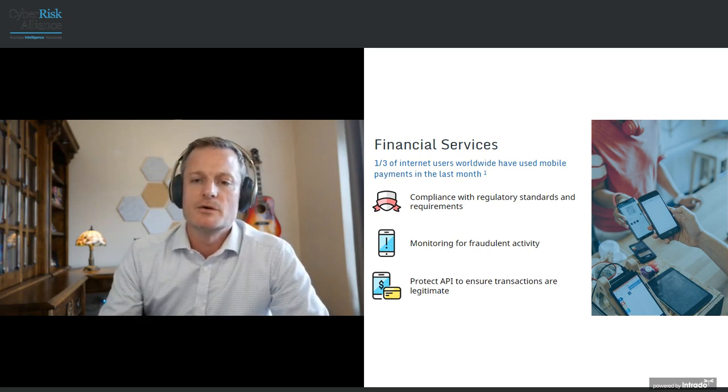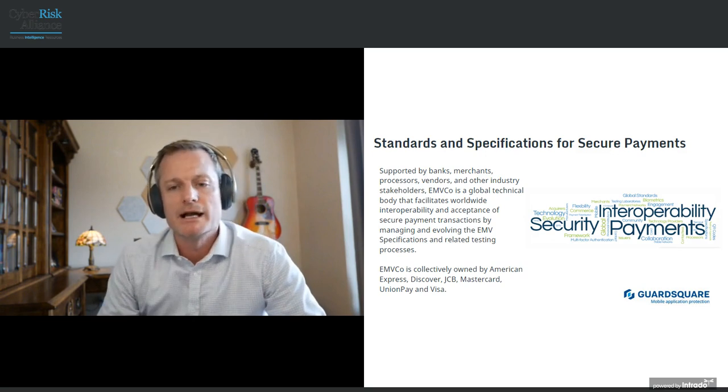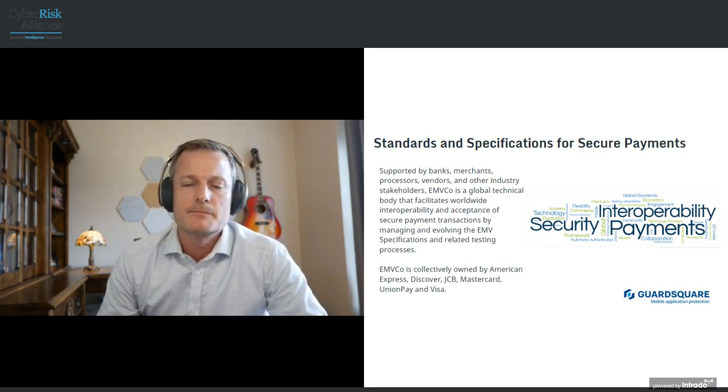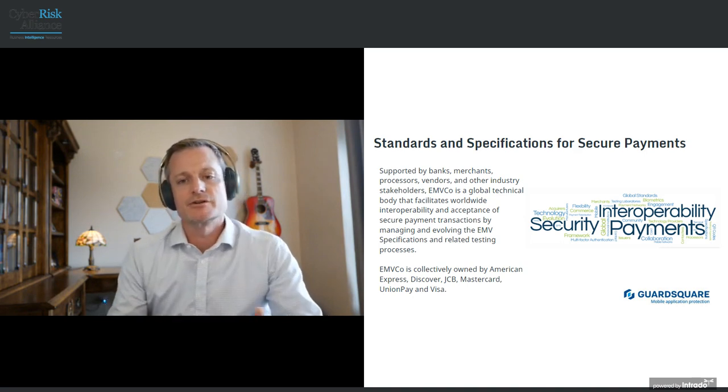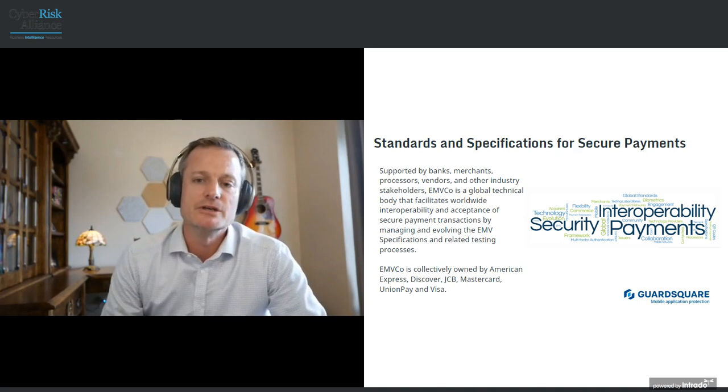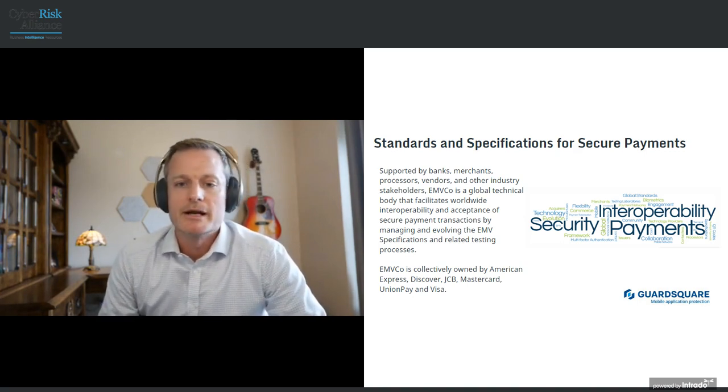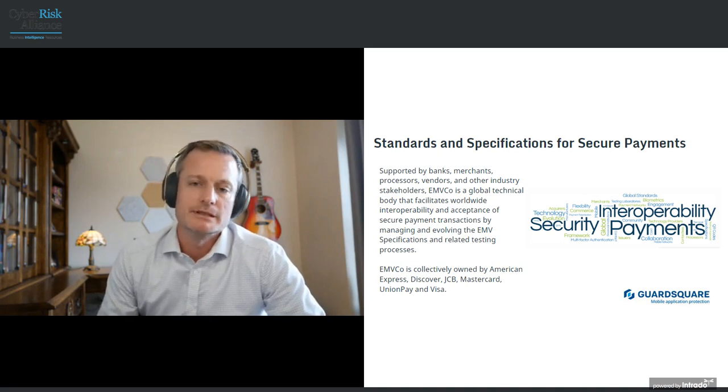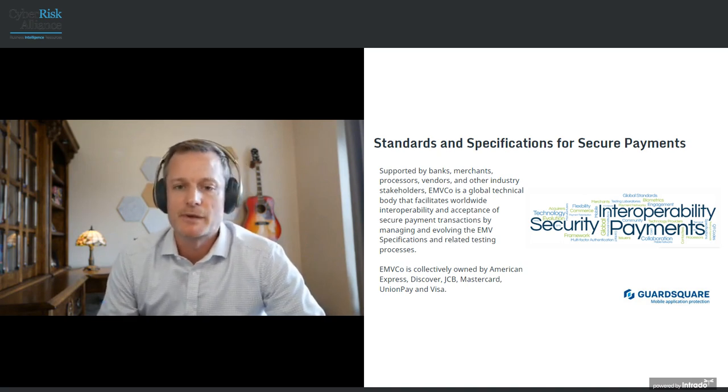And when we think about regulatory compliance and standards, we've seen quite widespread adoption of some standards-based approaches. EMVCo is a collective owned by American Express, Discover, MasterCard, Visa, and others. And it describes a lot of the standards and specifications for interoperability for secure payments.